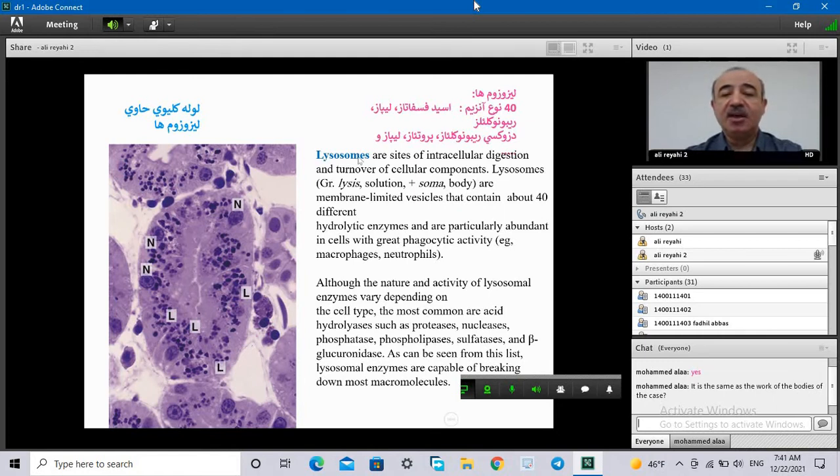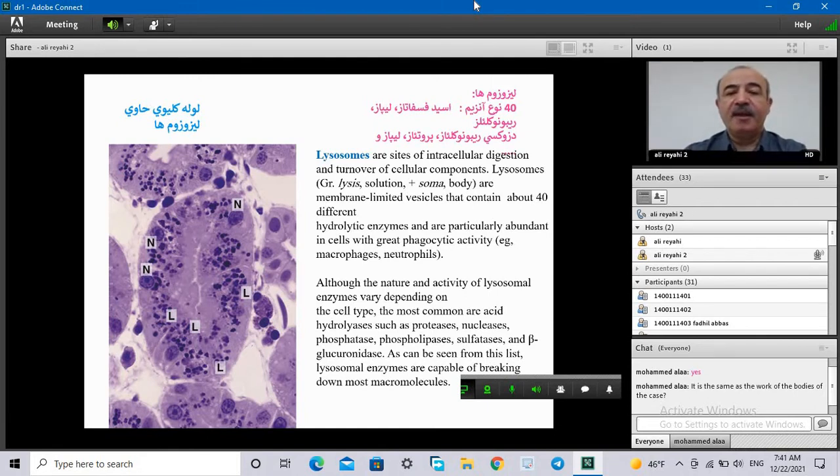So the lysosome is important. The enzymes for the lysosome are produced by the rough endoplasmic reticulum, packaged and sorted within the Golgi apparatus, and finally enter the lysosome.